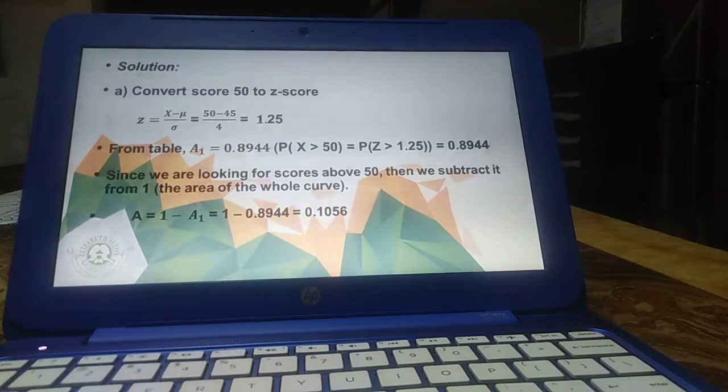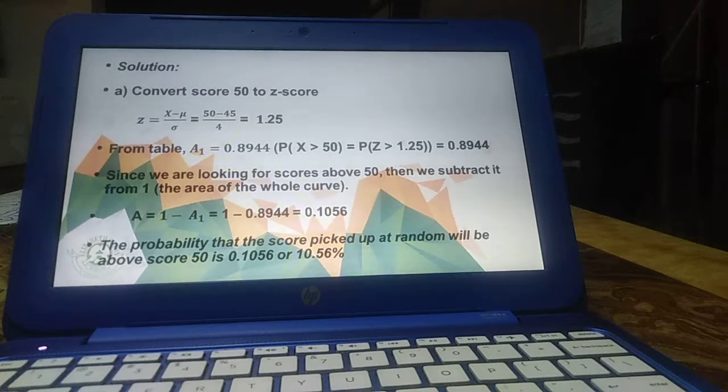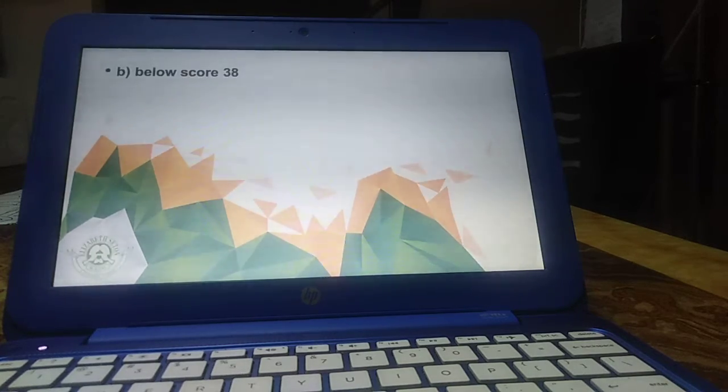Therefore, our conclusion is the probability that the score picked at random will be above score 50 is 10.56%.